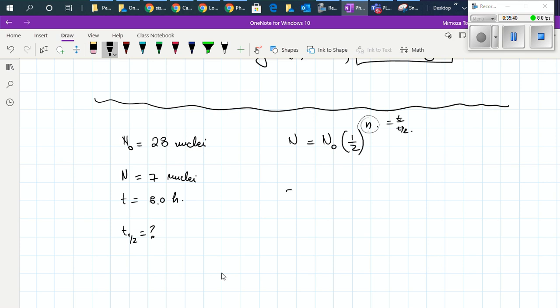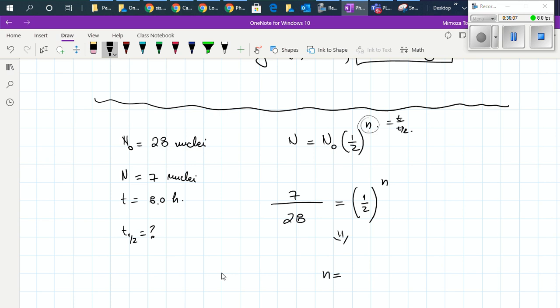So we have 7 over 28 is equal to 1 over 2 to the power of n. From here we find that n is equal to 2, because this is the same as 1 over 4.